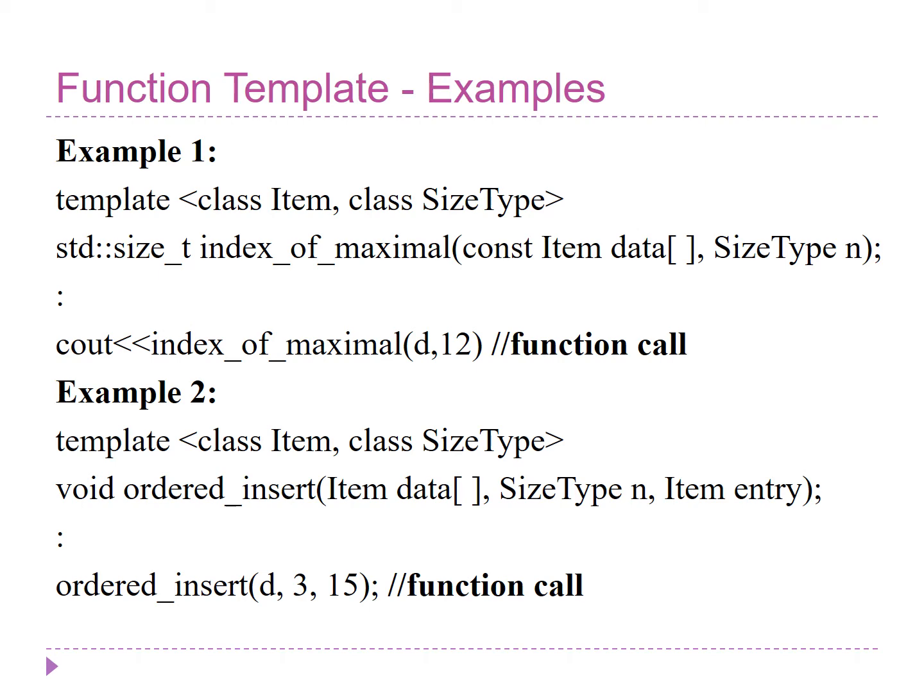During the function call index_of_maximal d, 12, the data type of data array is the data type of d, and the data type of n is integer because 12 is passed from the function call.